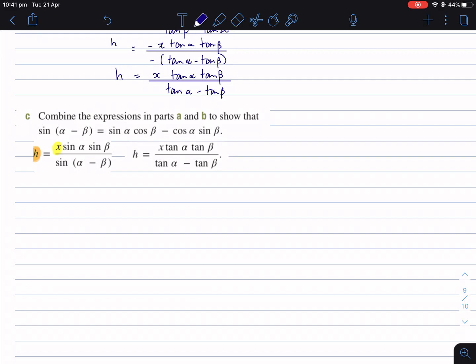So I can only imagine we have x sine alpha sine beta over sine alpha minus beta equals x tan alpha tan beta over tan alpha minus tan beta. The x's disappear because they appear both sides. We're assuming x does not equal 0.